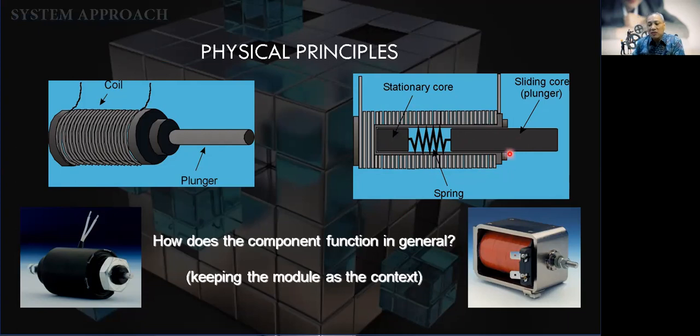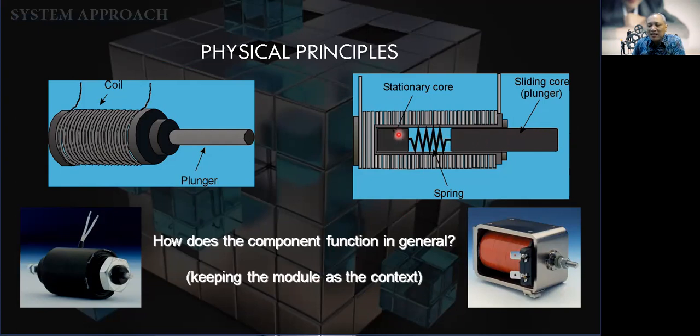If you see the spring here, without any current going in, it is the normal position, and the plunger is extended. I will show you a bit more in pictures later. When current is going through this solenoid, it will energize and attract this plunger in, so the plunger will move in.